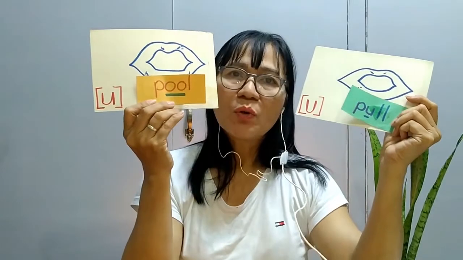So when this one is "pull," then this one should have this spelling. How do you read the word? This is "pool." Again, differentiate. This is "pull." This one is "pool." So remember your 4 classifications of the vowel sounds.